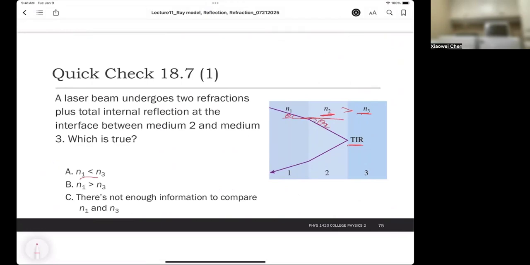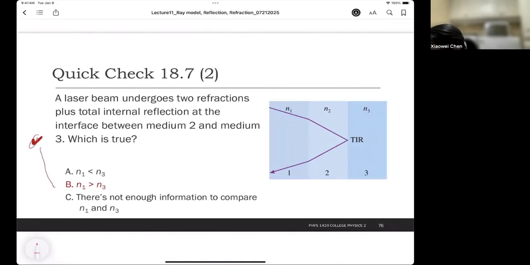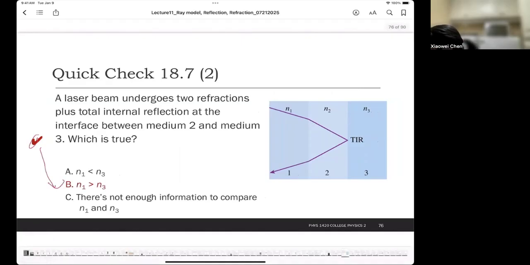Theta 1 is smaller than theta 2, which means N1 is greater than N2, am I right? So N1 is greater than N2, which is greater than N3, and obviously N1 is greater than N3. So the right answer should be B. That makes sense to you? Okay, the answer is B. Sorry, I put this in the wrong place; I will modify it later.